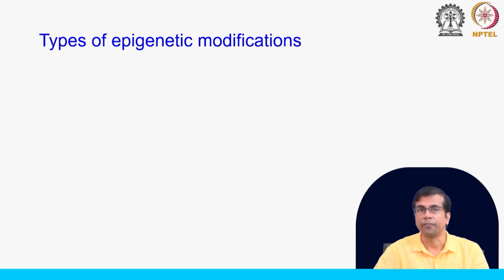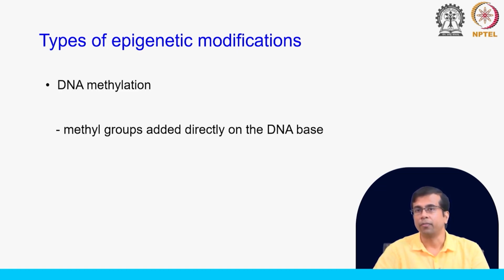There are different types of epigenetic modifications, and the first, very common one is called DNA methylation. This is something you are probably all aware of. These are methyl groups that are added directly on the DNA bases.